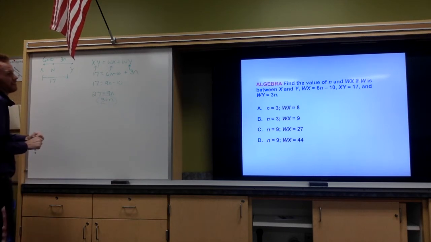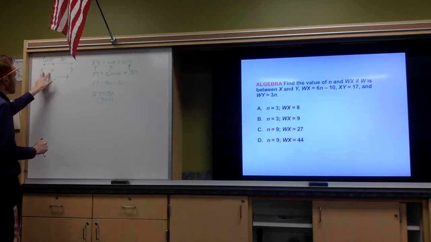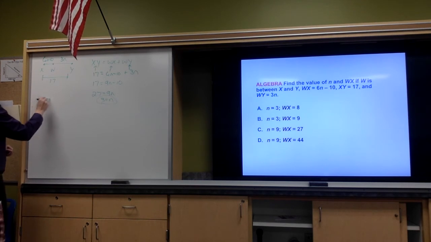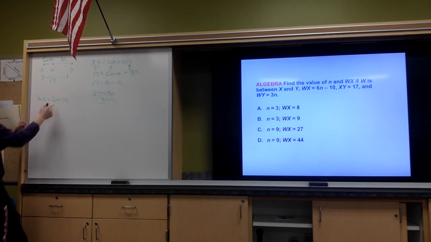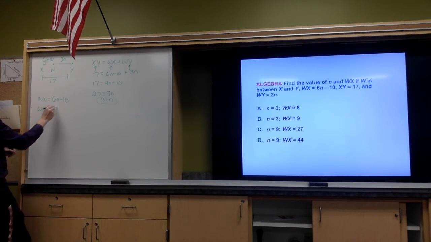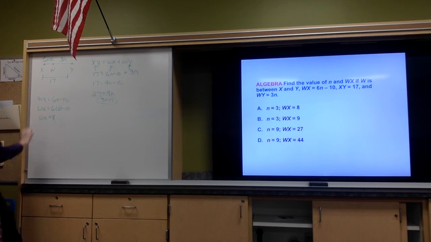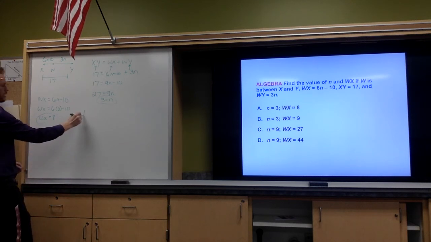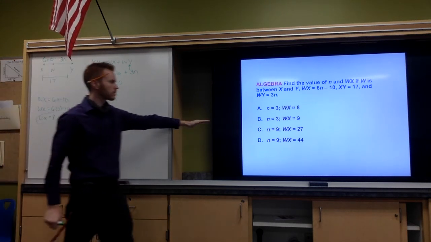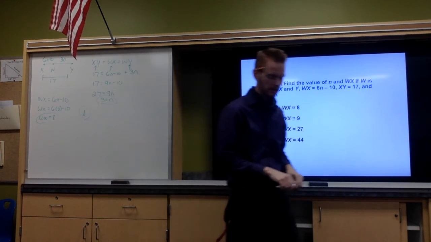So WX, this guy, I know this represents it, right? That's the length. I'm going to plug 3 into there. 6 times 3 minus 10. I think we want to get 8 for that guy. So I think A is my correct answer. n is 3 and then WX is 8.